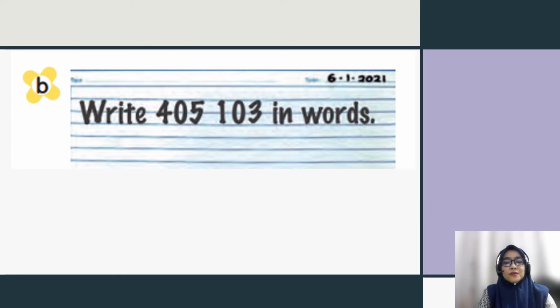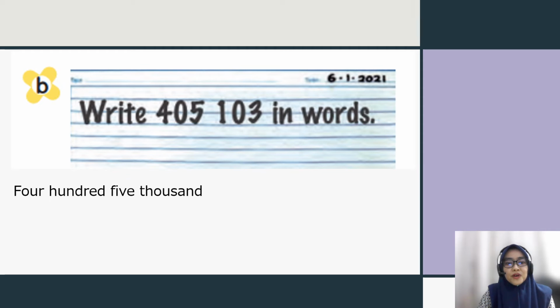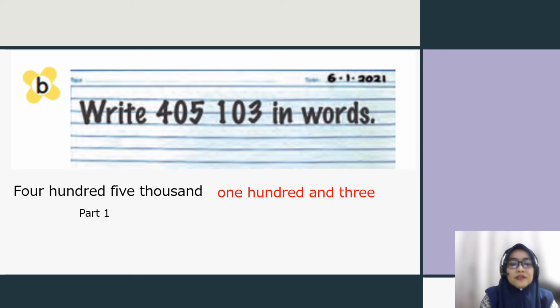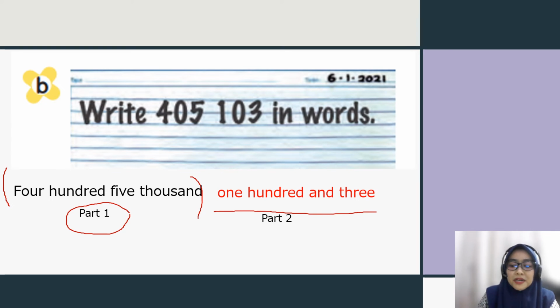Okay, next we will write this number in words. First we write it as 405,000, and then we write another part, 103. So I repeat again: first you write part 1, which is 405,000, and then write part 2, which is 103. Kita tulis ikut part.